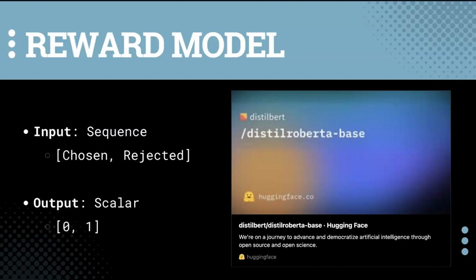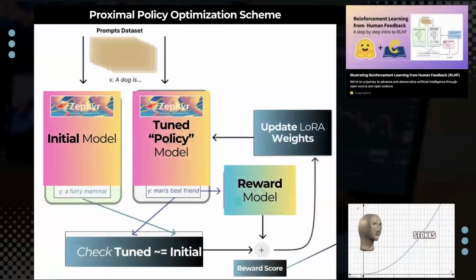And if it's chosen, the output is going to be 0. If the rejected data is put in, the output is going to be 1. So what we want is to essentially have this number. Although we could, based on the number, as you do in binary classification, just choose, is it 0 or 1, we don't want to do that, because remember, what we want to do is actually score this thing with a reward model.